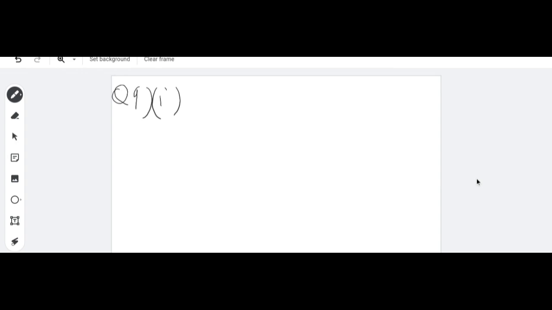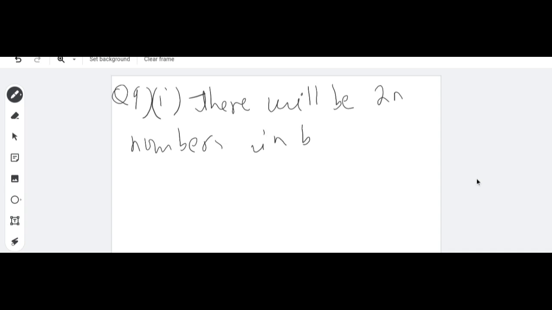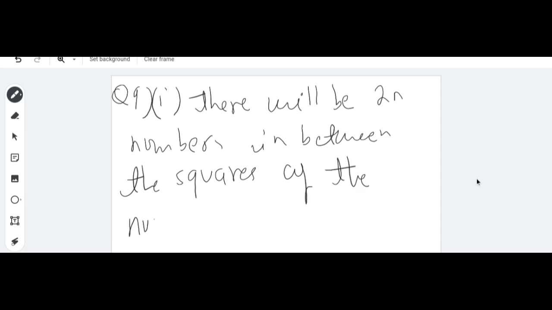We know that there will be 2n numbers in between the squares of the numbers n and n plus 1.